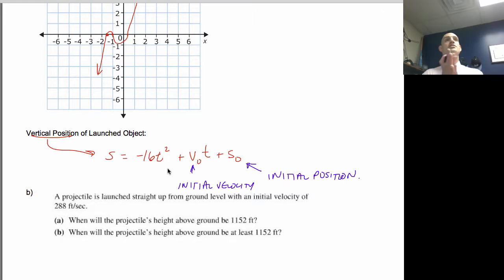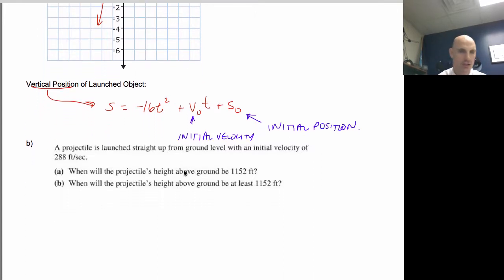As soon as it starts, whoosh, gravity's pulling on it. So pull up, pull down. These two account for where it started, vertical height-wise. This accounts for how fast it started out. This is the pull of gravity here.